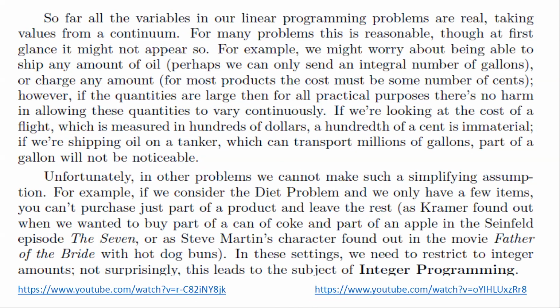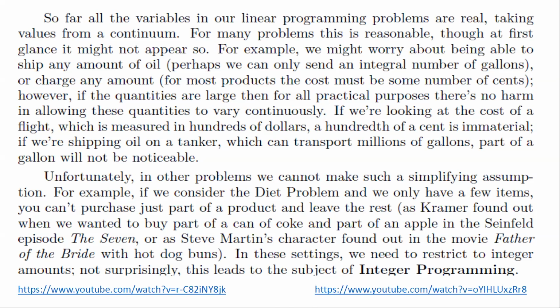The Seinfeld one is when Kramer decides that he wants to be able to buy just part of a can of Coke from Jerry, and Jerry has a different opinion on that. It is tremendously challenging to handle integer constraints. We saw that when we talked about the knapsack problem, and when we talked about breaking a number n into lots of different pieces.